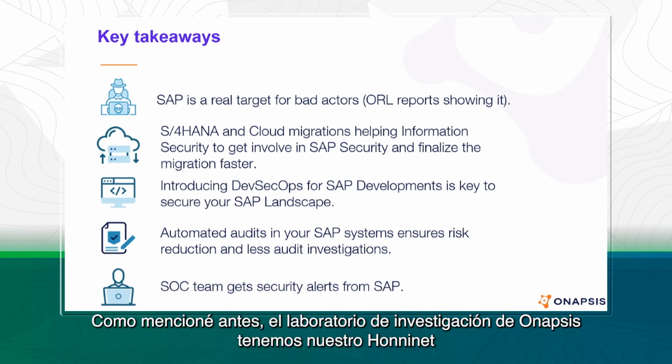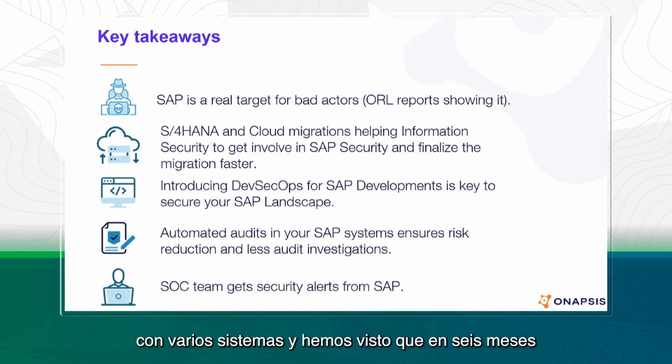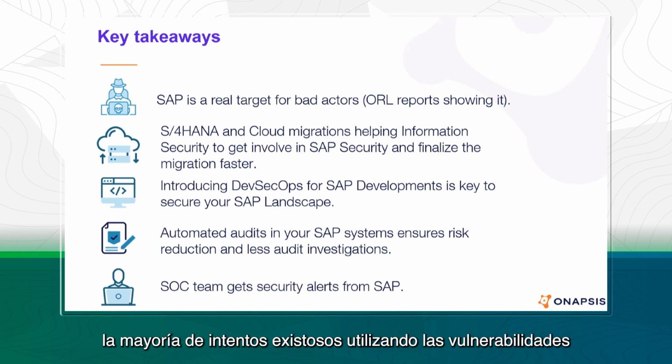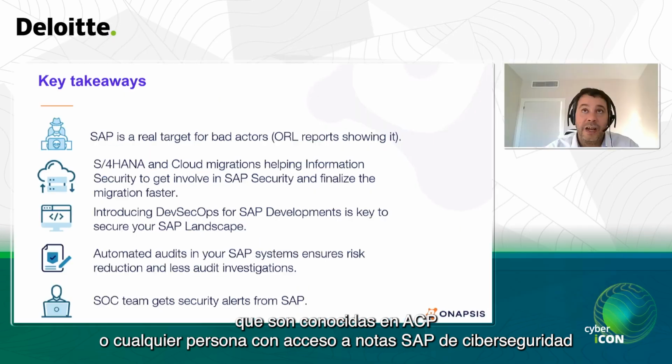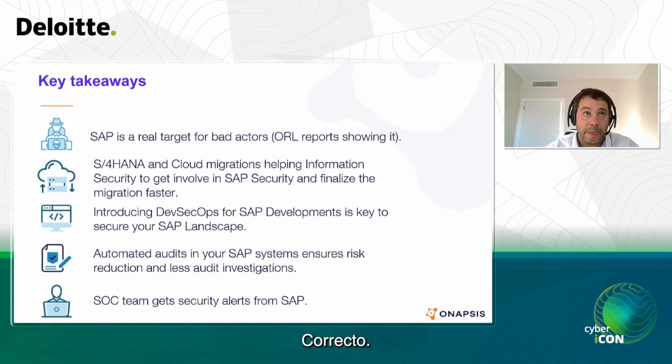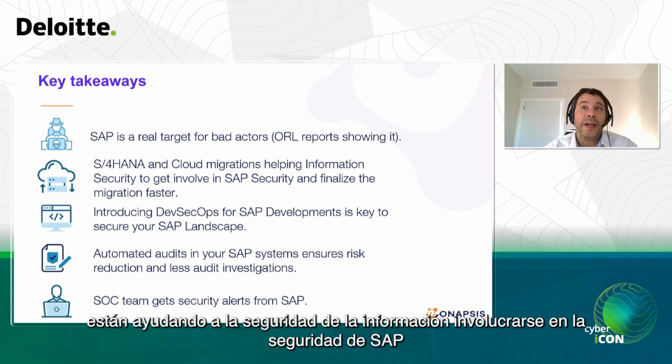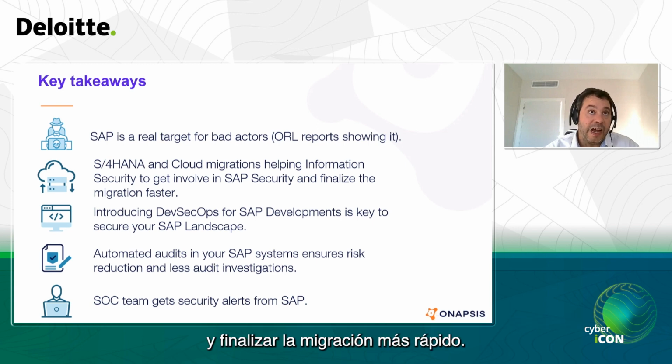As I mentioned before, Onapsis Research Lab has our honeynet with several systems, and we have seen in 6 months more than 300 attacks on our SAP systems, most of them successful using vulnerabilities which are known in SAP, to whoever has access to SAP security notes. S/4HANA and cloud migration are helping information security get involved in SAP security and finalize the migration faster.